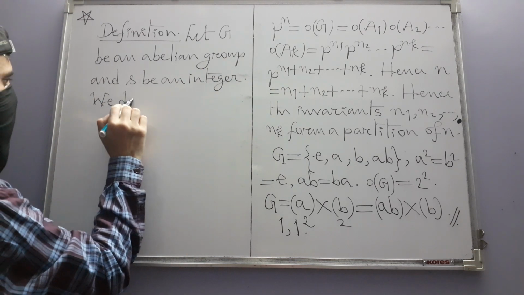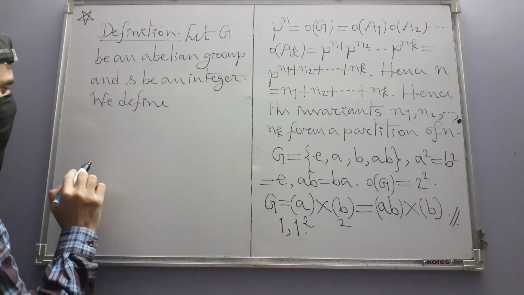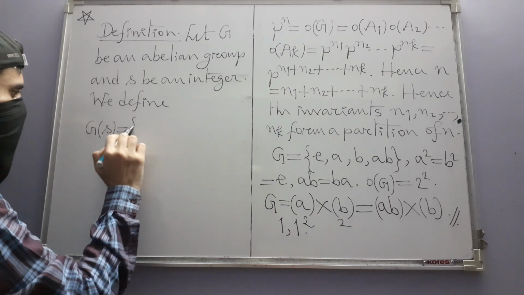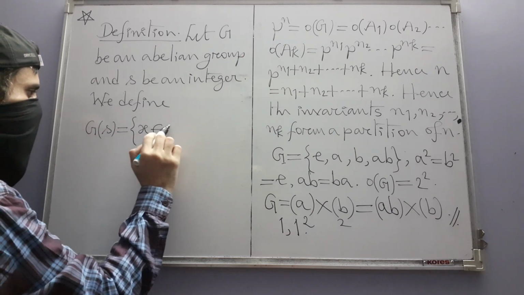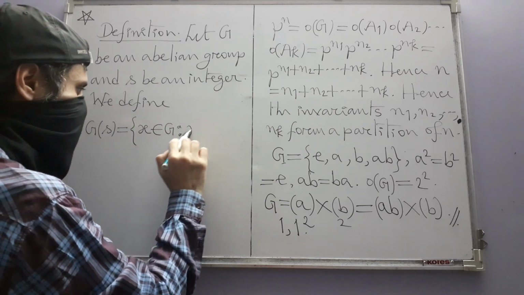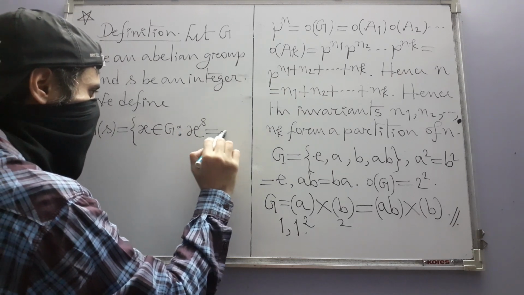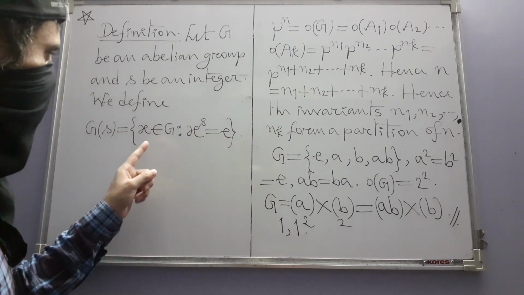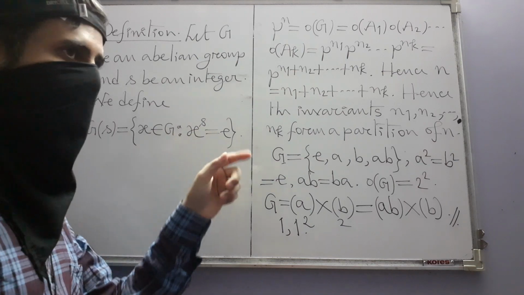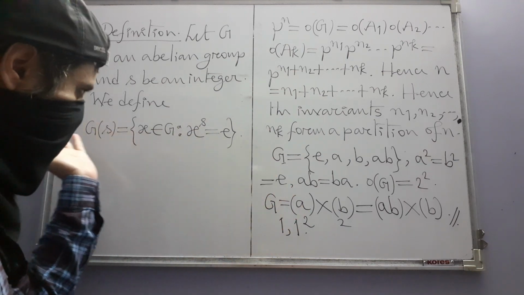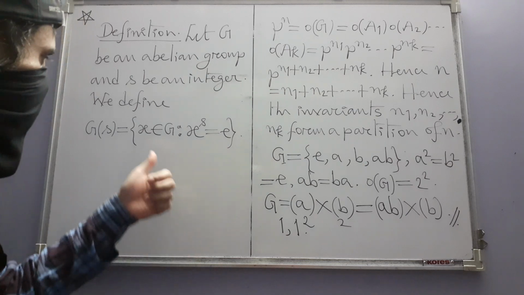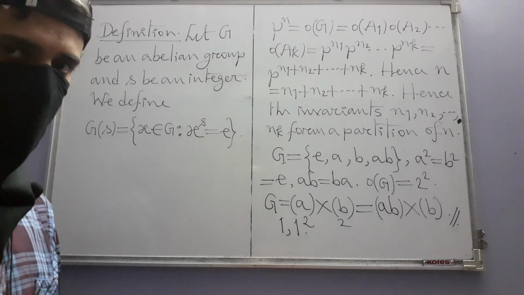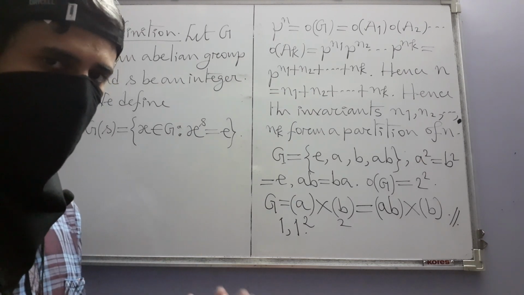We define the subset G_s to be the set of those elements x in G such that the power x to the power s is equal to identity. Note one thing immediately, that no matter what the integer s is, this set is non-empty because at least e belongs to the set. e to the power s is e, no matter what s is. This is something we already know.